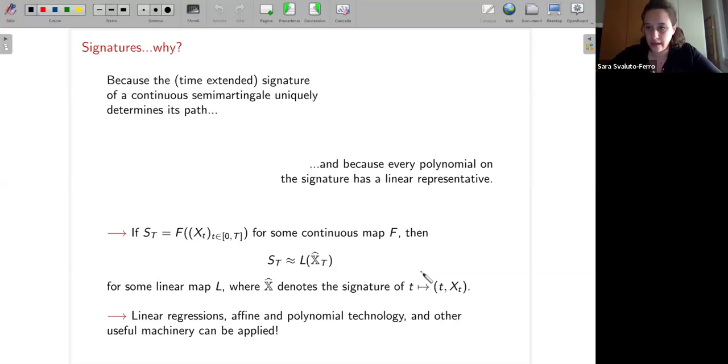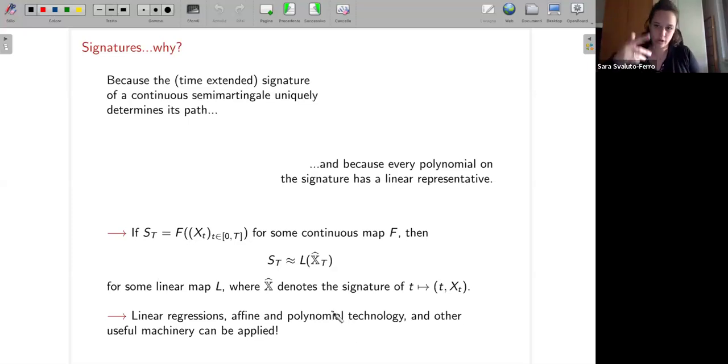For example, linear regression is something that nowadays is optimized in a way that is very difficult to imagine something quicker. We can recover properties that require, for example, coefficients to be affine or polynomial, because all of that is a special case of a linear map.